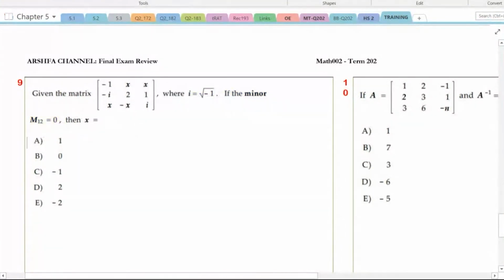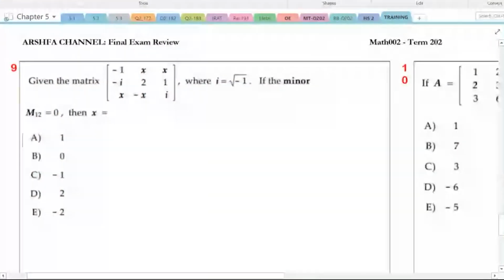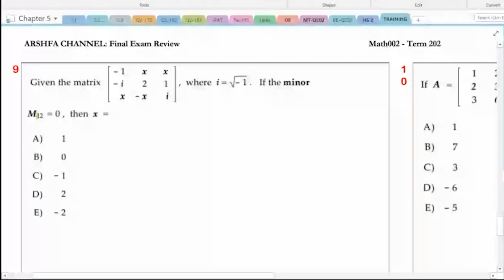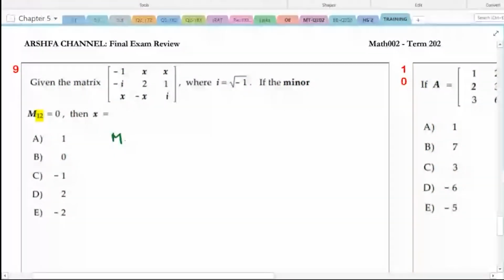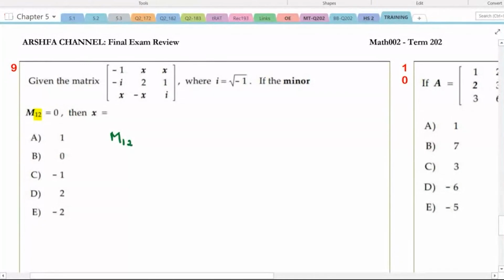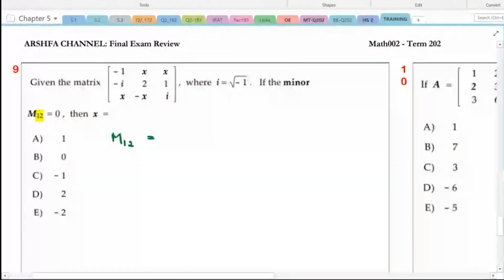So we know here this is an imaginary number. Now, by the minor M12, what does it mean? It means that we are going to delete the element. So the minor M12, we are going to delete the element in row number 1, the first one, that is row number 1.